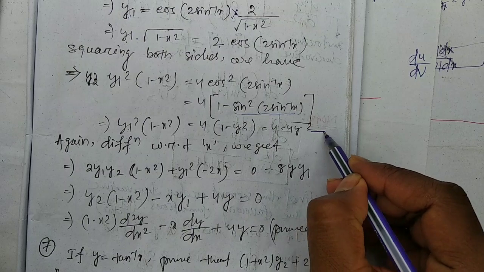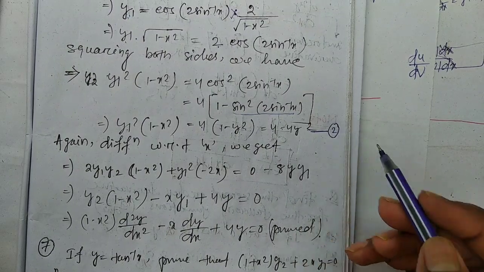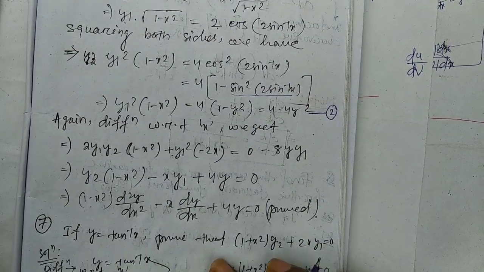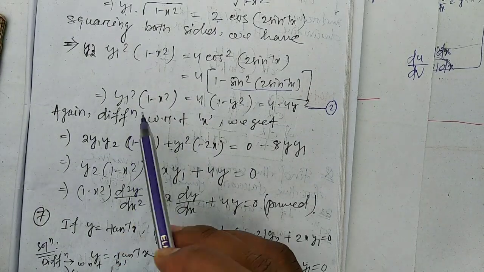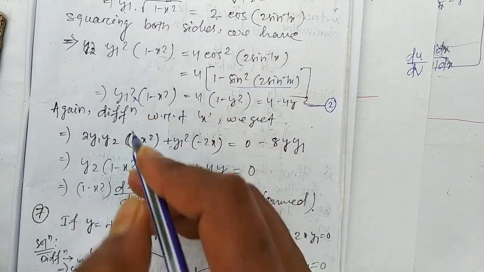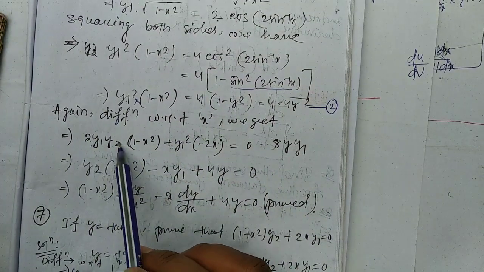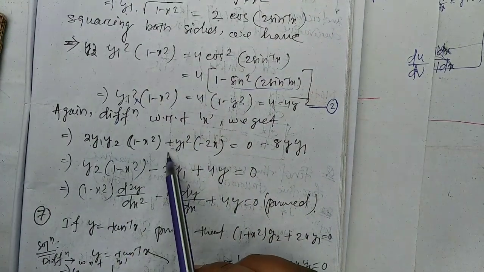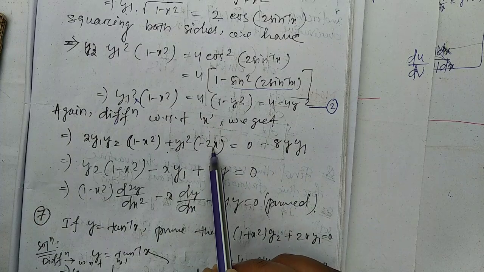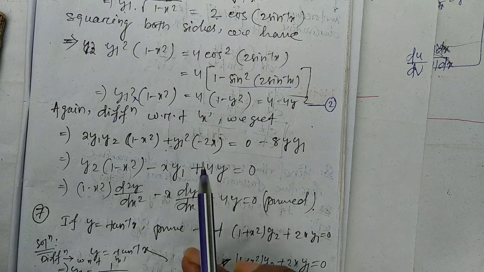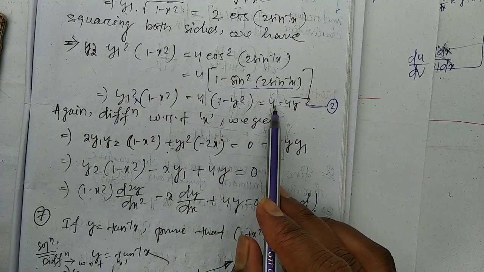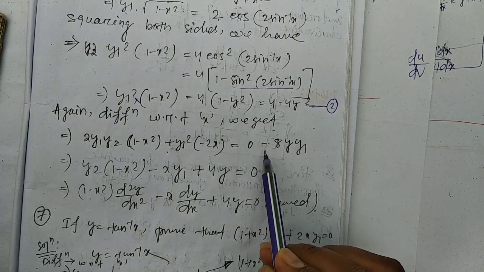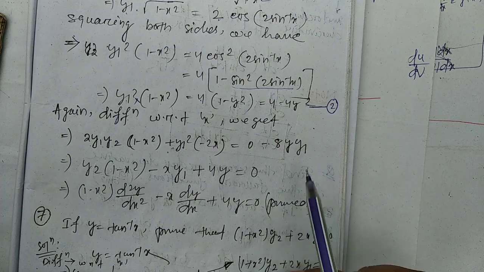Now differentiate this equation 2 with respect to x. How much are we obtaining? Differentiating, we use the product rule: 2y1 y2 into second plus first into the derivative of second, which will be minus 2x. On the right, the derivative of 4 is 0, then this one will be minus 8y y1.